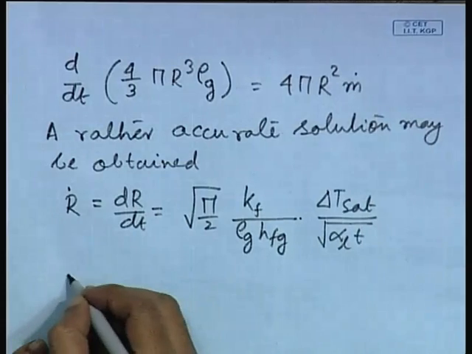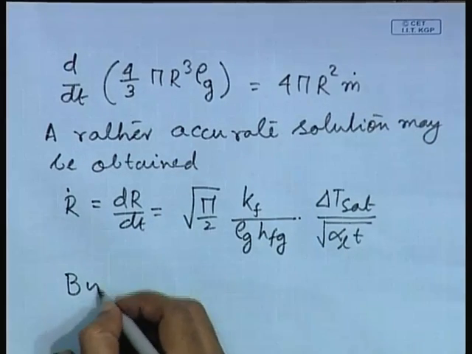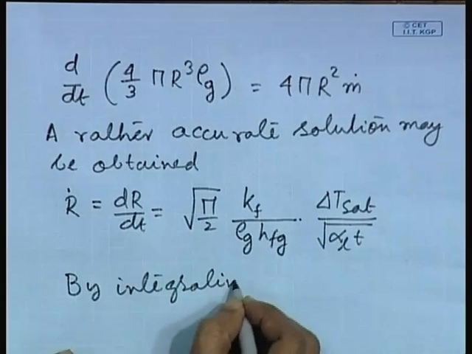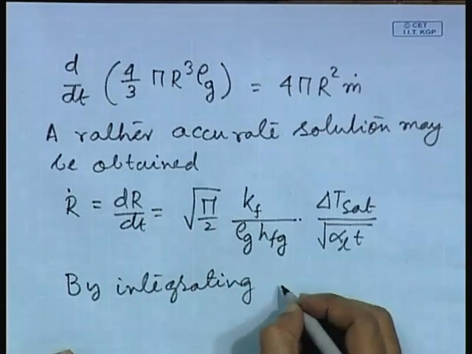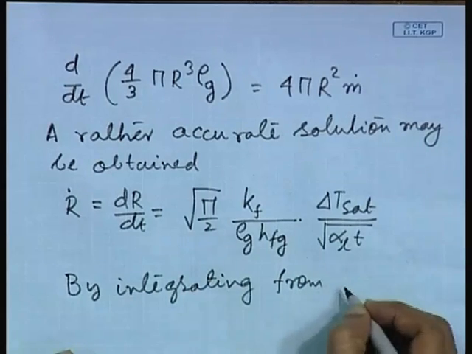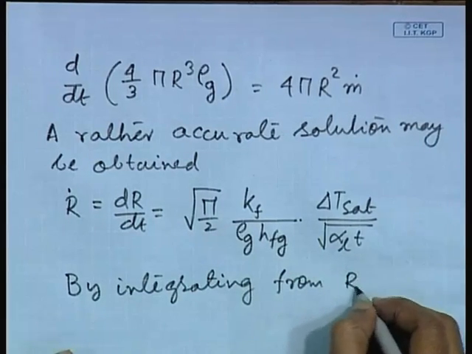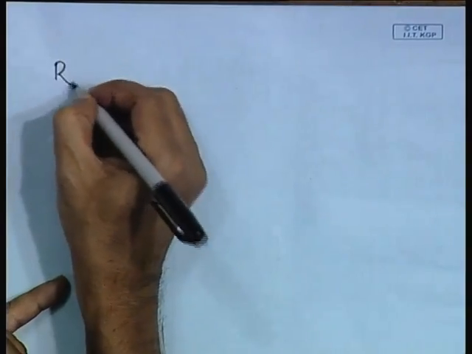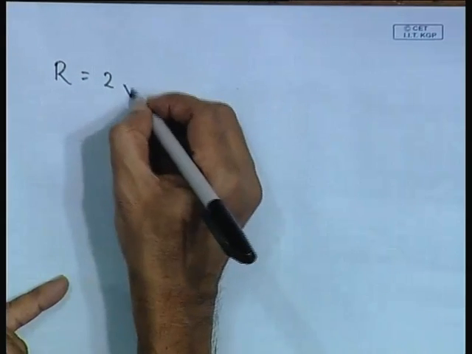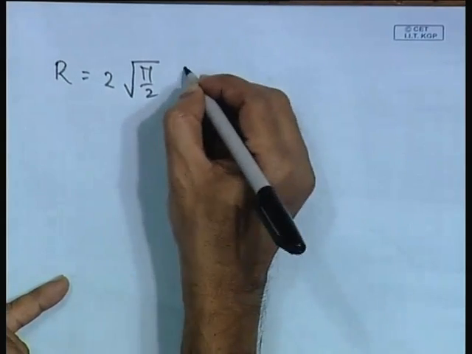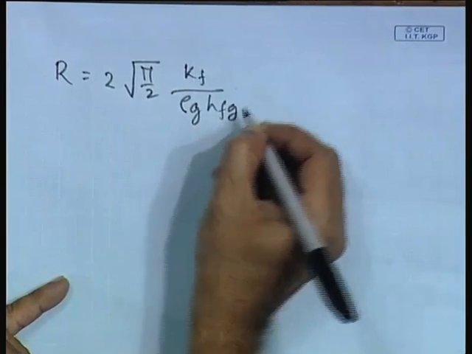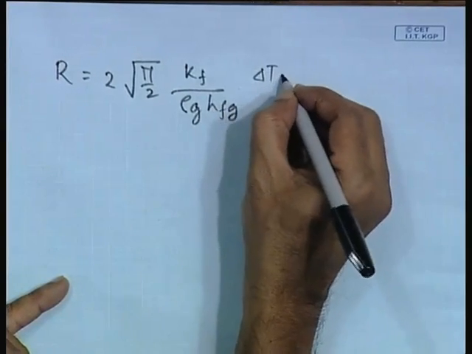So, by integrating from r is equal to 0 at t is equal to 0, what we can get, r is equal to 2 root over pi by 2 k f rho g h f g delta t sat.